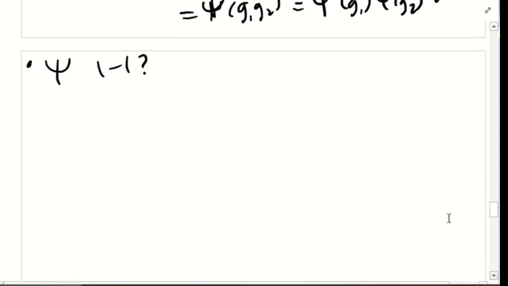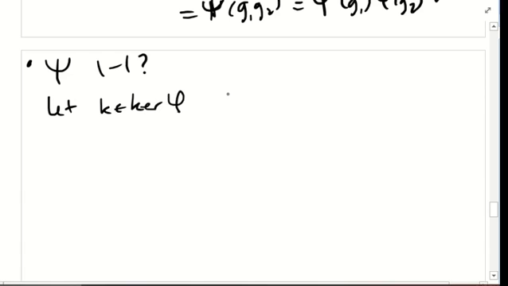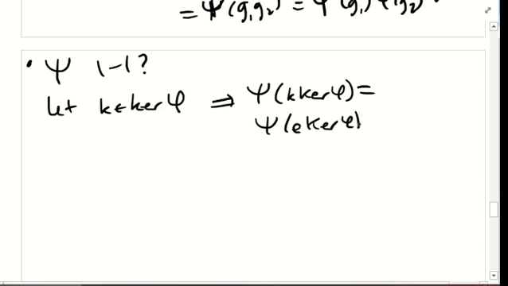Okay, so let k be in the kernel, then psi of k kernel phi is equal to e kernel phi, which equals phi of e, which is e.